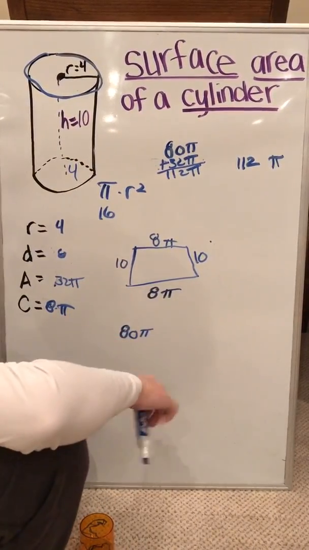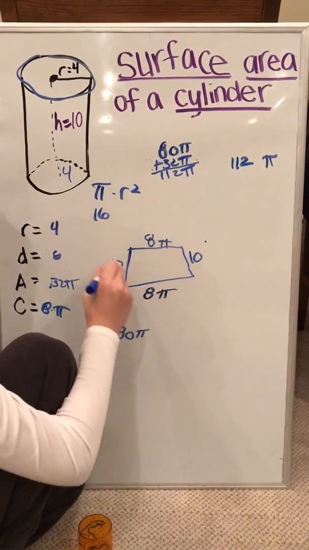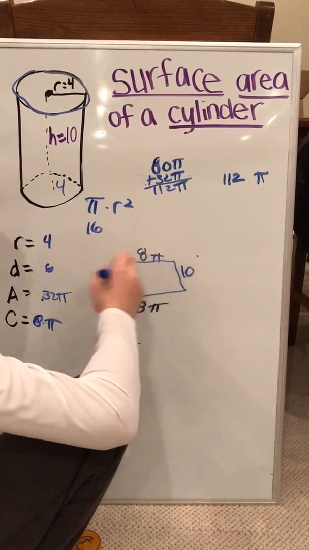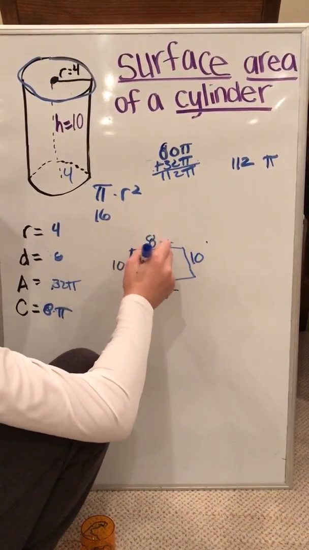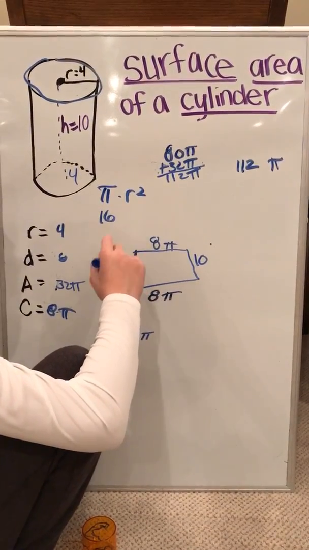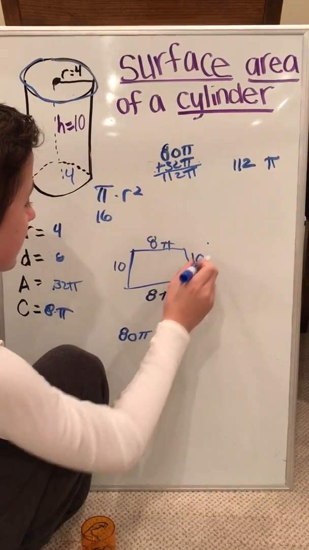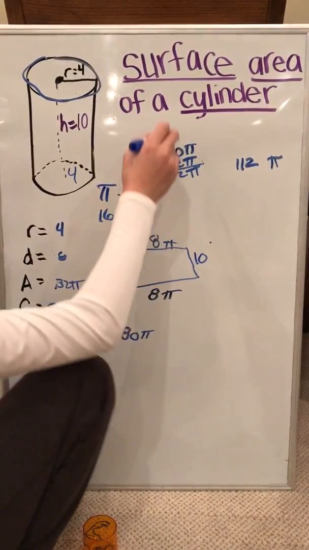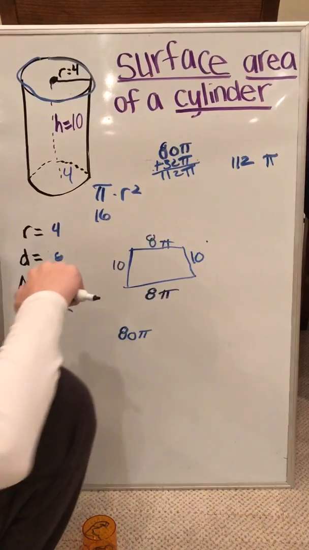Since the height's on this side, then these two sides are 10, and then these two sides are 8 pi. Since this is the height, and this is the base, you multiply base times height, and then you get 80 pi, and then you can add 80 plus 32.